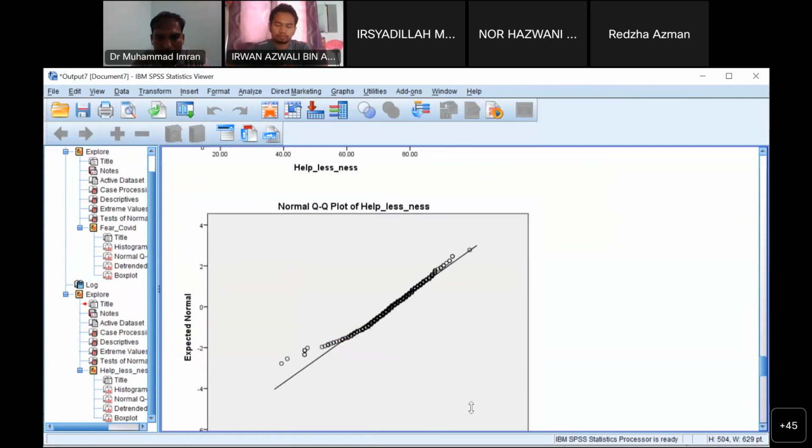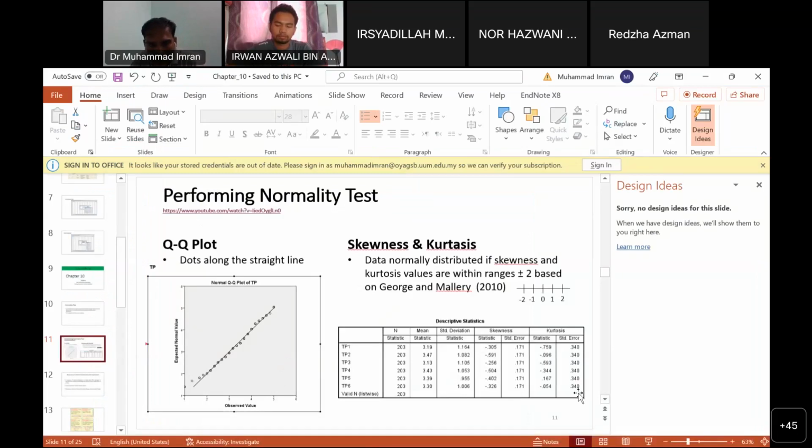According to the slide, we also can see what the author says here. You can check individual items, or you can go for them together. If you want to check their items, you also can, but I prefer to check the whole variable, it's better.